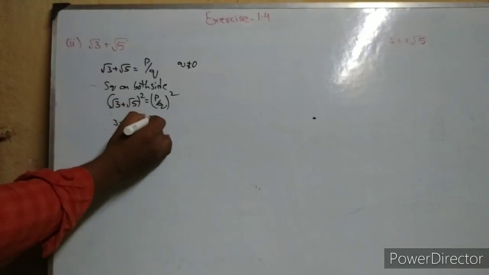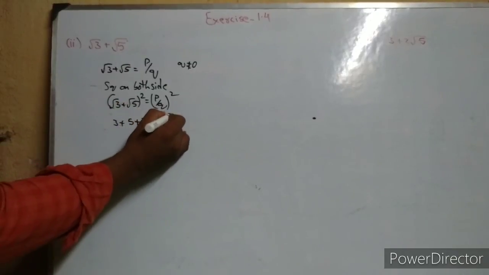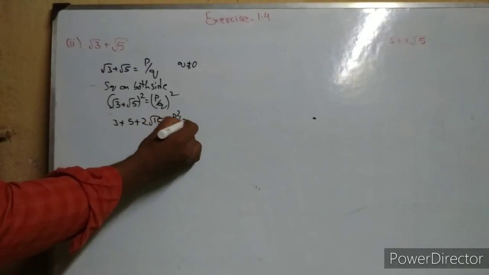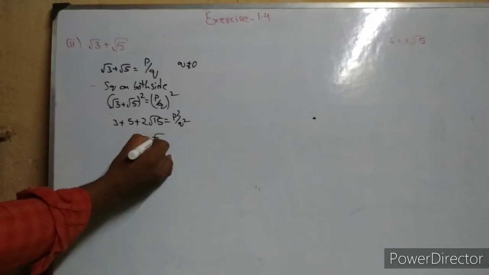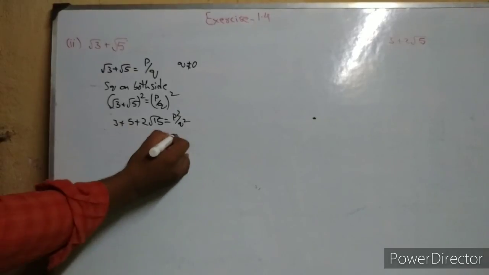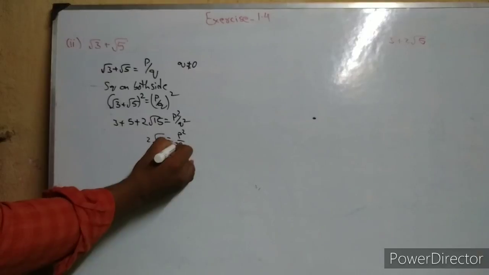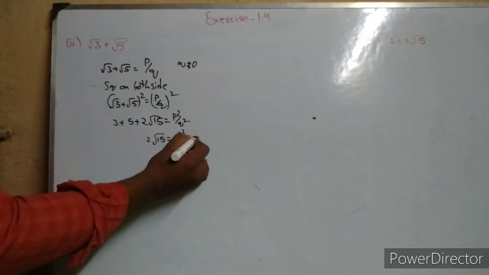So 5 3s are 15, equal to p square by q square. So we will transpose this term. So it will become p square by q square minus 8.